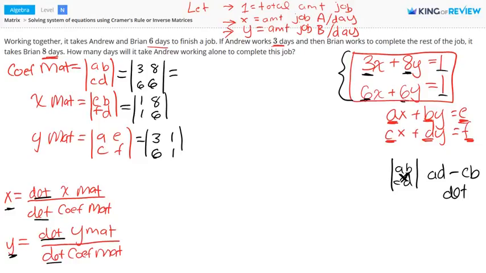So let's find the determinant of our coefficient matrix. We're going to take the product of the main diagonal, so 3 times 6, and subtract the product of the entries in the other diagonal, so 6 times 8. So we have 3 times 6 minus 6 times 8.